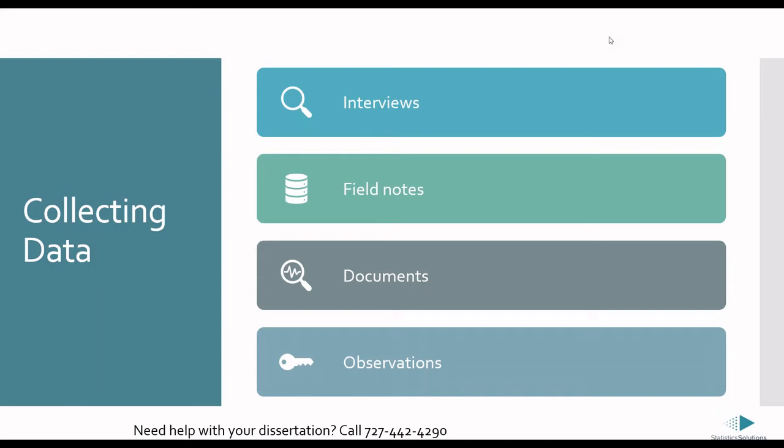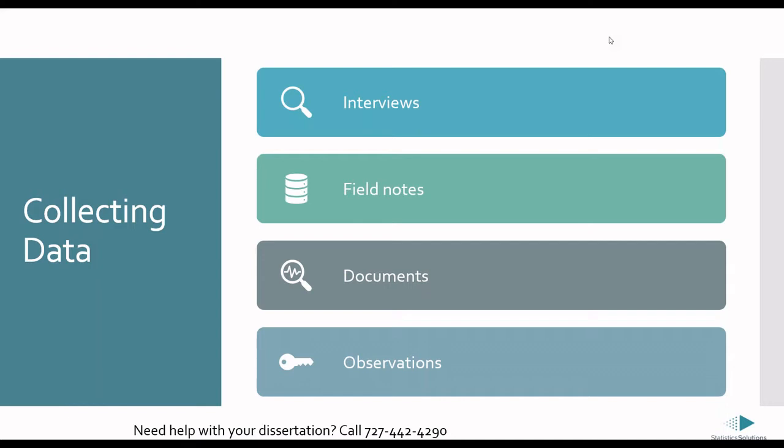Interviews are probably the most common method of collecting data within qualitative research. Interviews can be one-on-one interviews. You might have focus groups where it's essentially a group interview. Those can have some real benefits. You might have data that come from field notes that you've made as you're conducting the research.